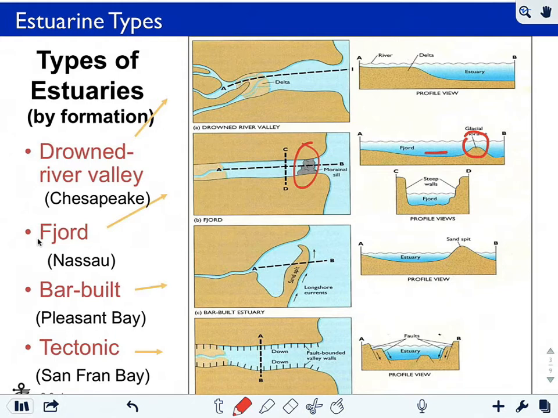Third is a bar-built estuary. These are extremely common in our area. We have a sand spit, so you have some source of fresh water, might be a small river or an area where you have a lot of groundwater. And so there's a source of fresh water trying to reach the bay, but along the coast, you have this longshore drift, and we talked about that in the Tuesday lecture when we went over sediment transport.